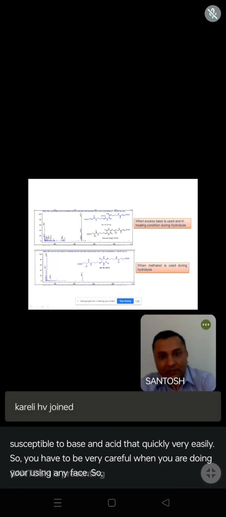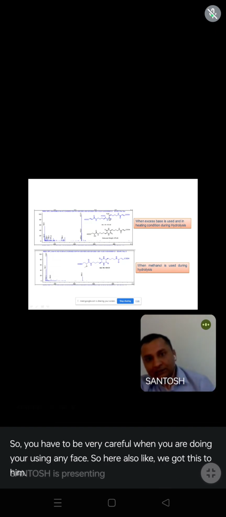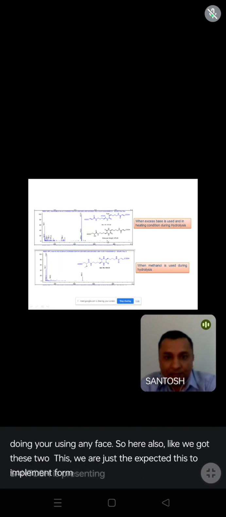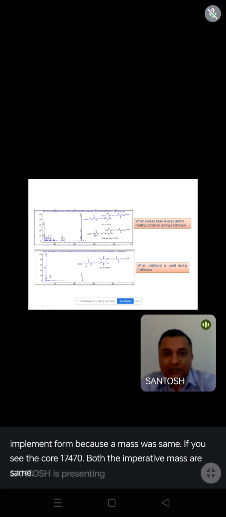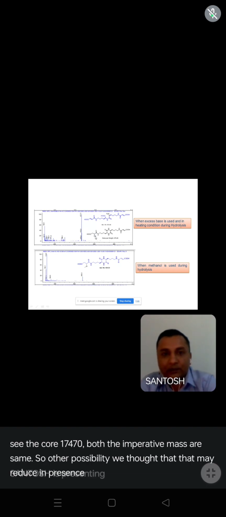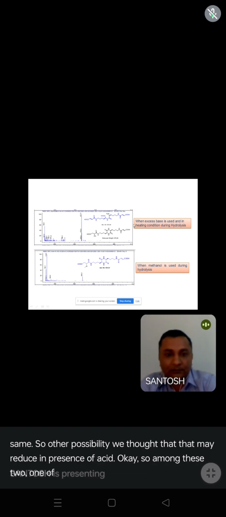Here we expected these two impurities may form, because the mass is the same. If you see 470 and 470, both impurity masses are the same. The other possibility we thought of was the influence of acid. So among these two, one of the impurities forms.